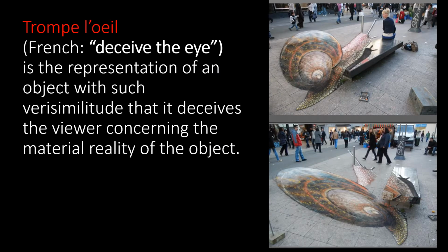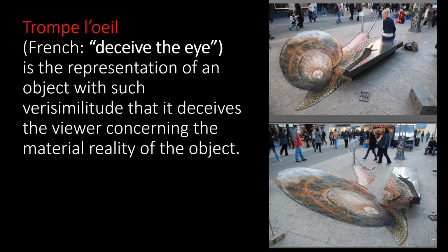Now, trompe-l'œil is French for "deceive the eye." Street artists use it a lot, such as this one here. The representation of an object has so much verisimilitude that it deceives the viewer, but usually these things only work from a certain angle.